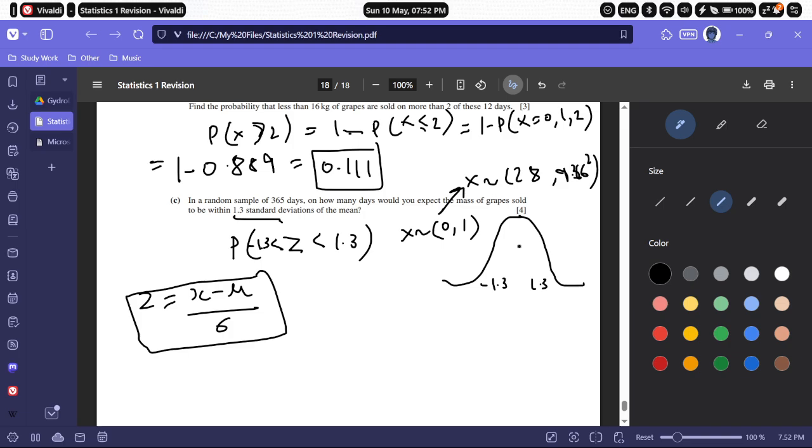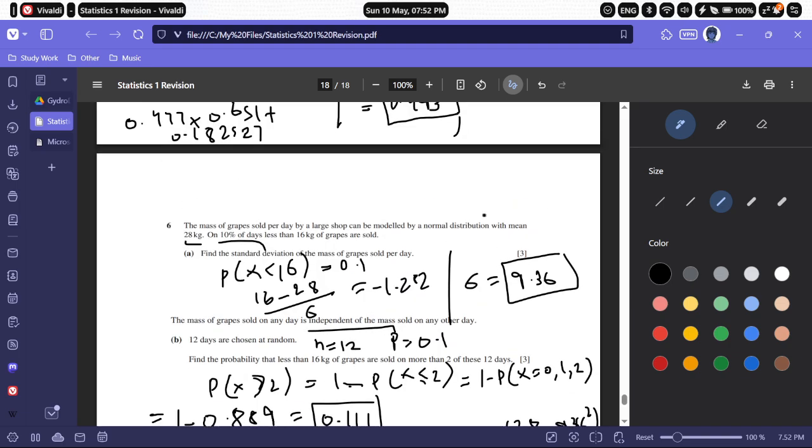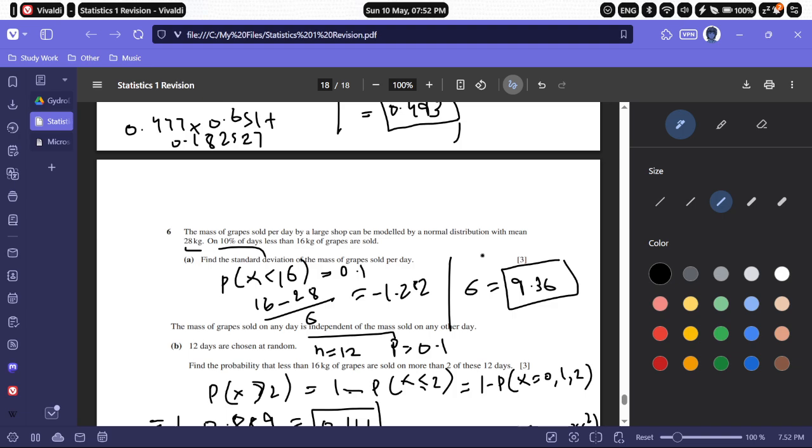Sorry, I think I missed this, but can you explain part A where it's 16 minus 28 over standard deviation? So basically, the rule is, let me just show you. Let's say the area up to this bit is 0.1, and this is 0.9 over here.